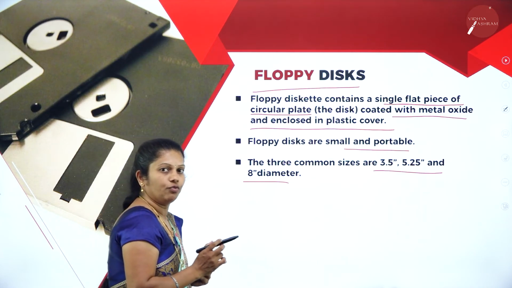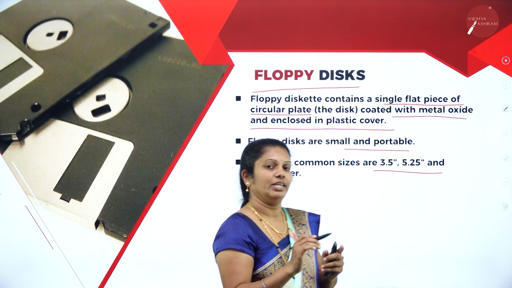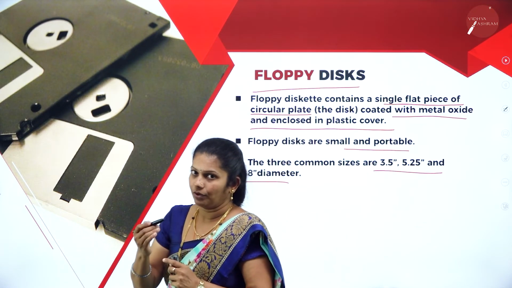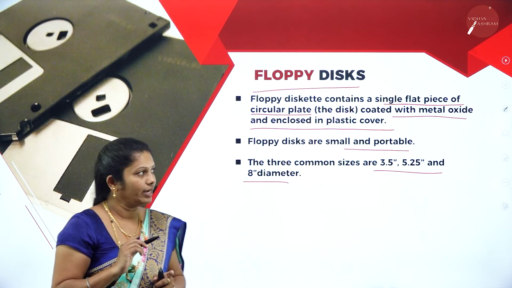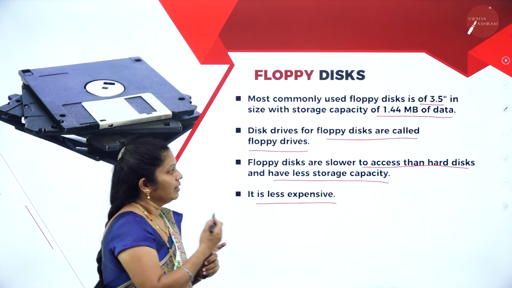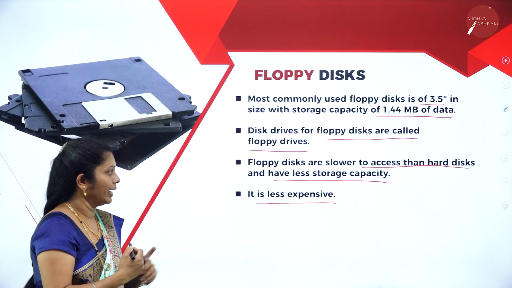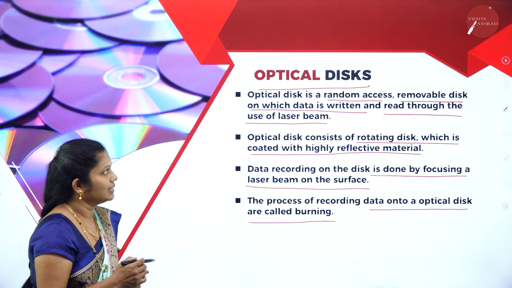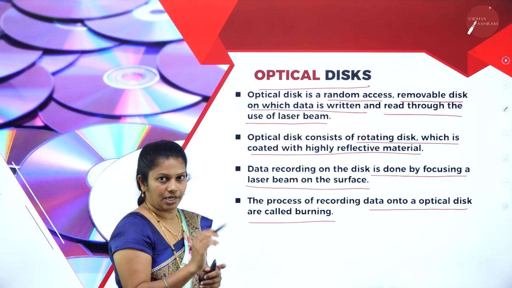Then when we come to the floppy disk, the capacity of the floppy disk is less compared to the hard disk. If I want to insert a floppy disk, then compulsorily I need floppy drives. The size of the floppy disk may be 3.5 or 5 inches, and it is very less expensive. Optical disk is a random access removable memory.